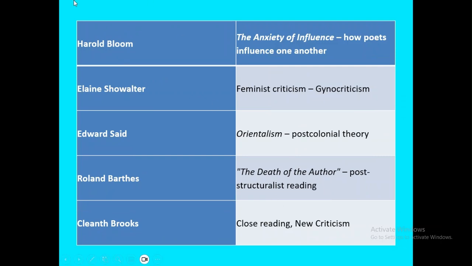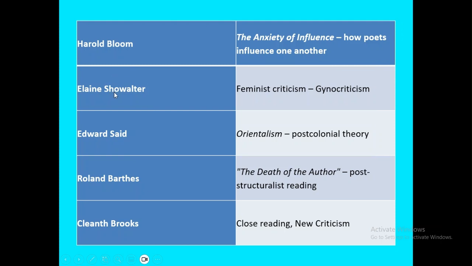The next critic is Harold Bloom, whose work The Anxiety of Influence focuses on how poets influence one another.